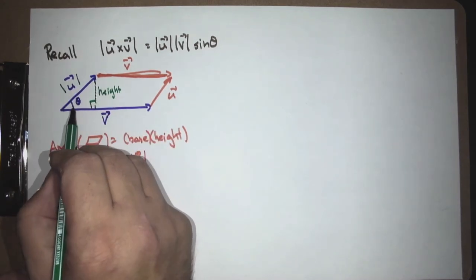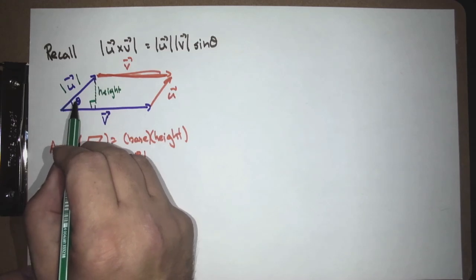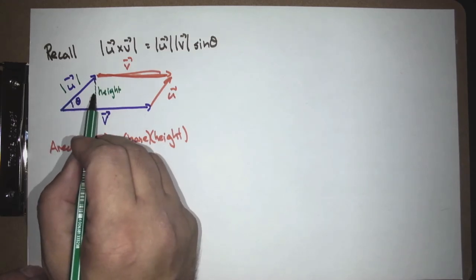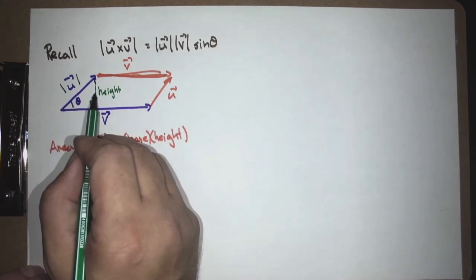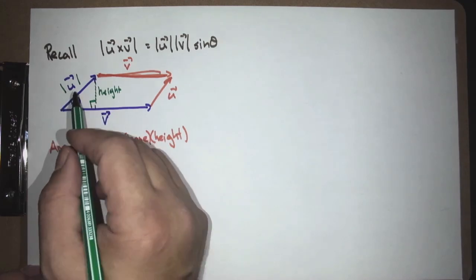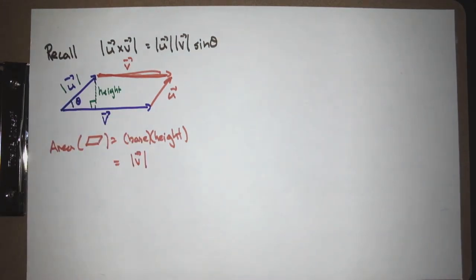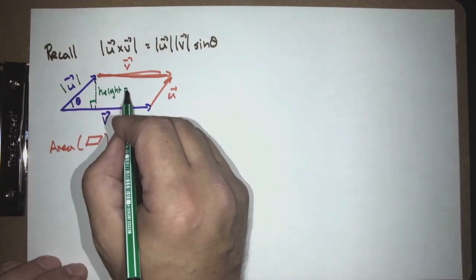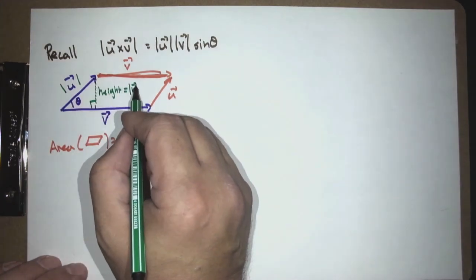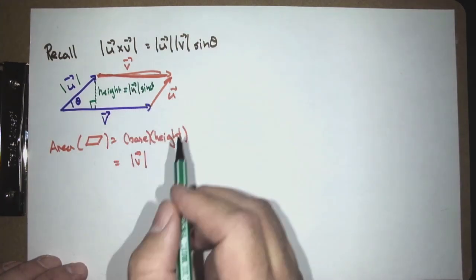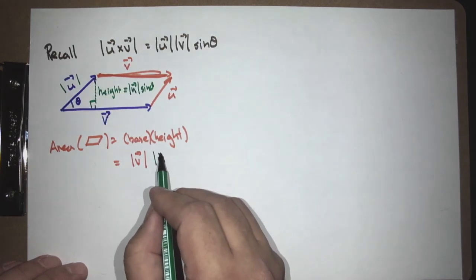We have this angle theta. In terms of theta, what is this side? It's the opposite. And that side's the hypotenuse. What relates the opposite and the hypotenuse? The sine. And in particular, this tells us that the height is the magnitude of u sine theta. So there's our height.